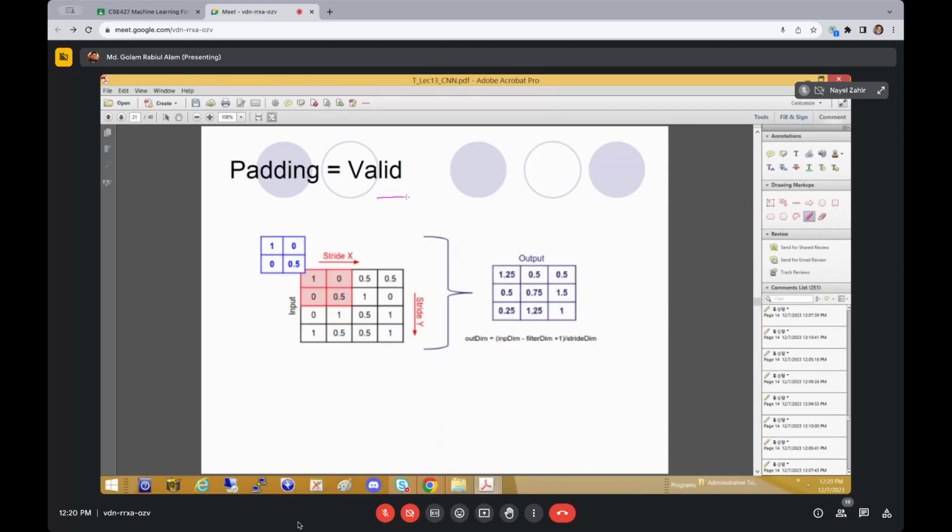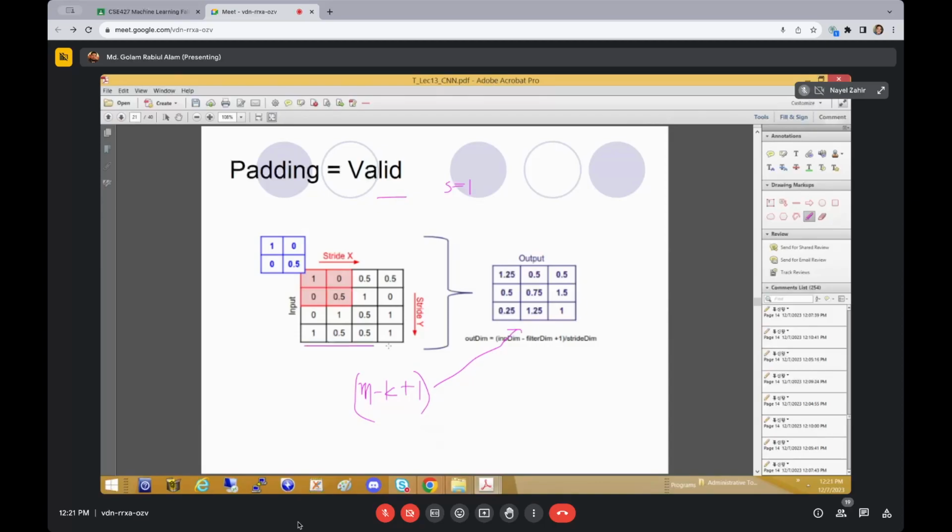And for the case of the padding valid, considering stride s equal to 1, the output size will be, according to our equation, m minus k plus 1. So m is what?